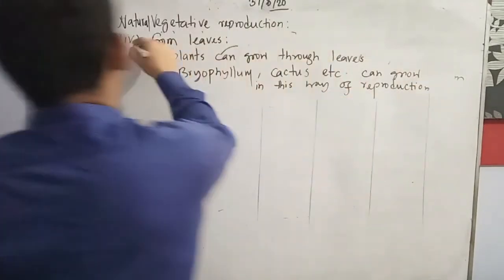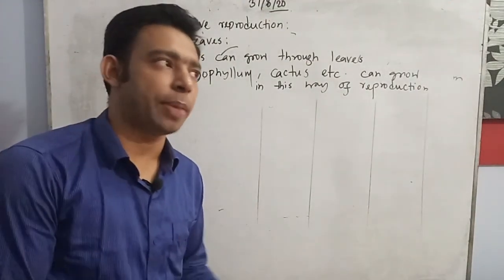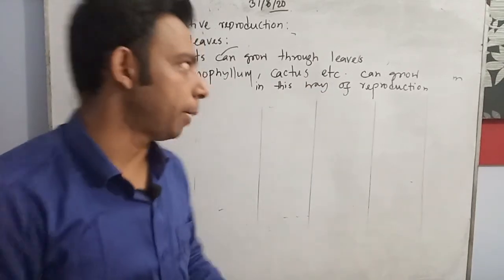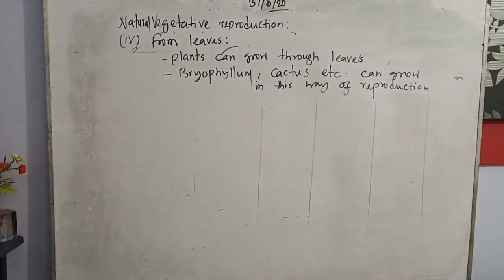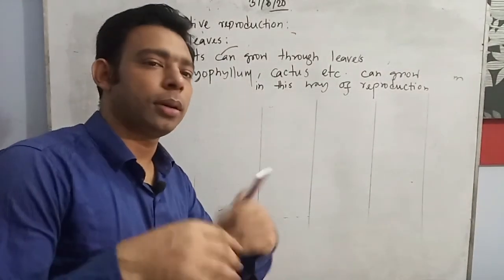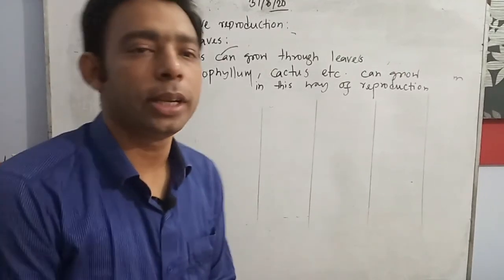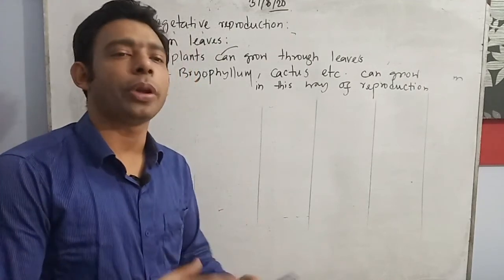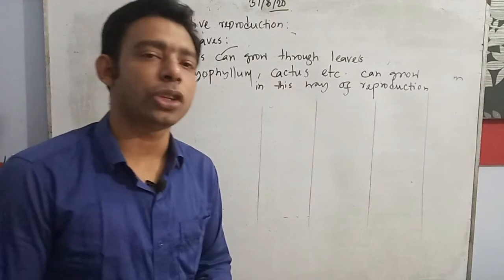Actually, from leaves, sometimes you see bryophyllum, maybe you didn't see bryophyllum, but cactus you have commonly seen. So these leaves, if we cut them down, then a new one will grow. That is normal. So these are the natural vegetative reproduction types. We understood about natural vegetative reproduction.